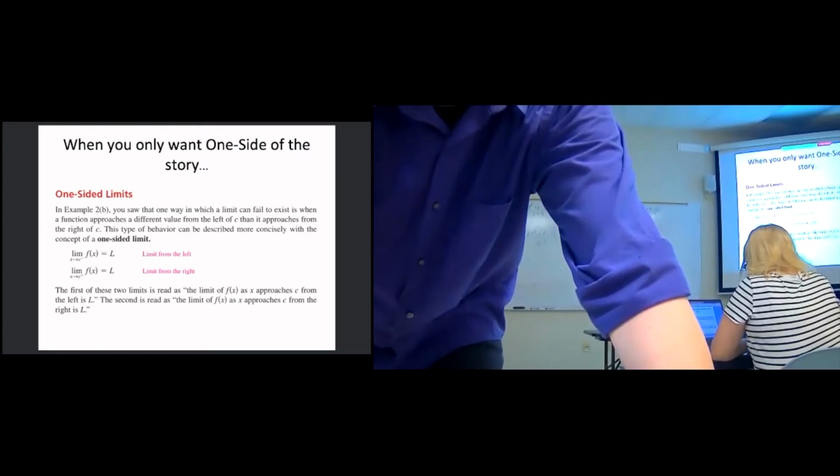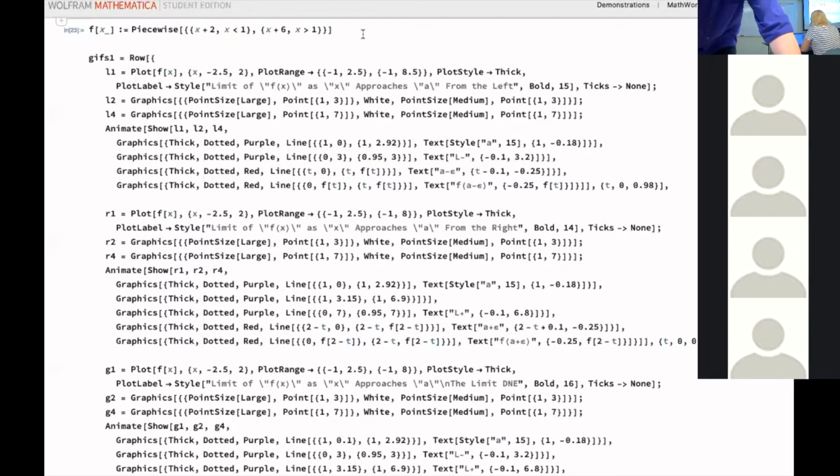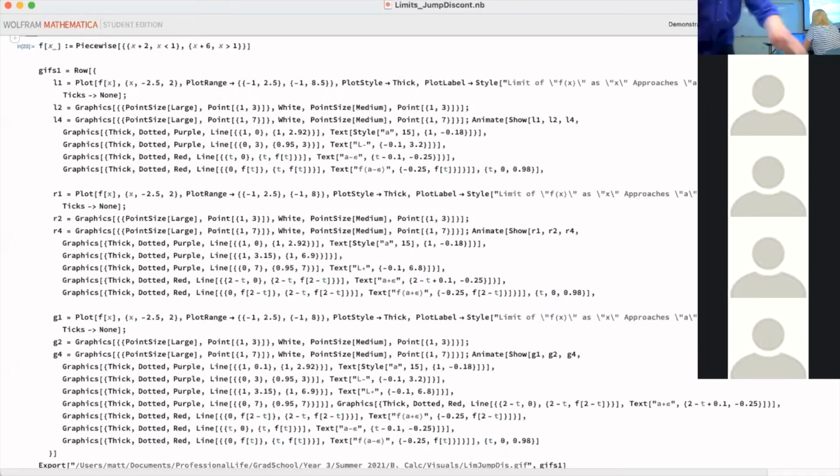Share. So I need to stop sharing here. Yeah, code, lots of code.